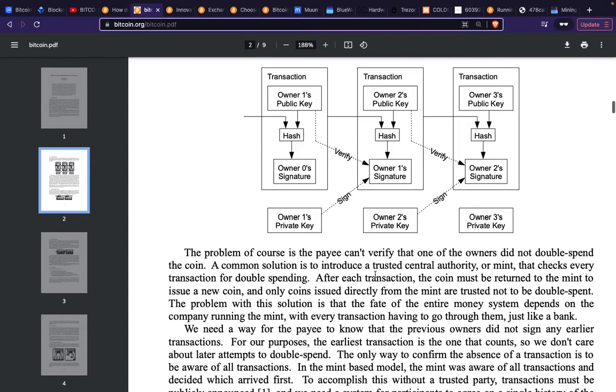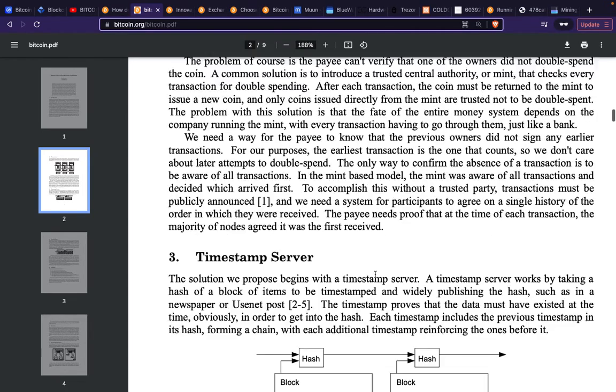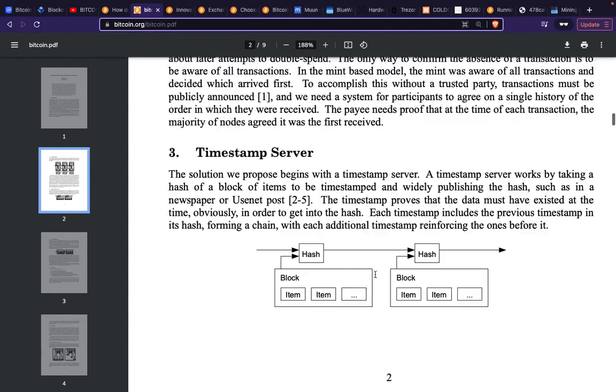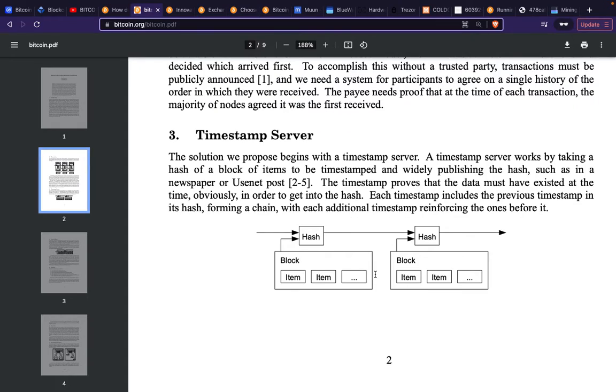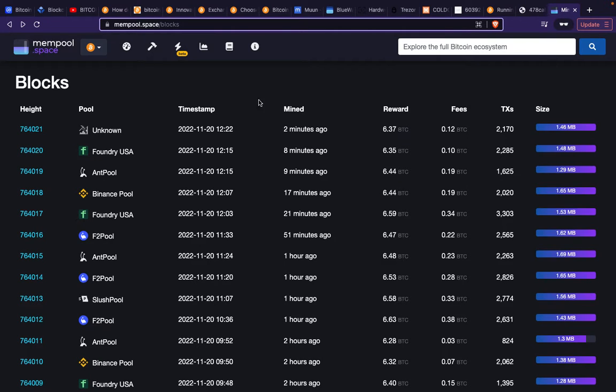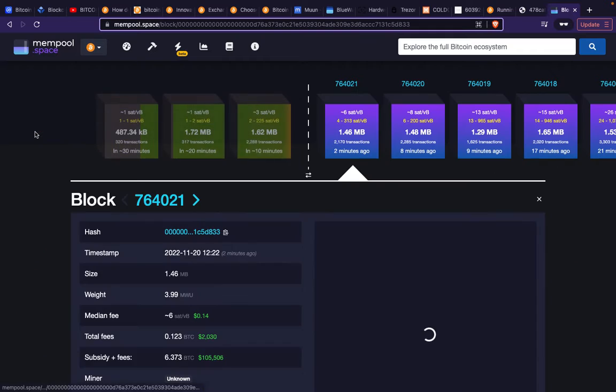So then you have a timestamp server. Right now, you can timestamp your publishing online. If you have a website and you publish something, you can just anchor it to the blockchain and say, this thing happened here at this time, right?